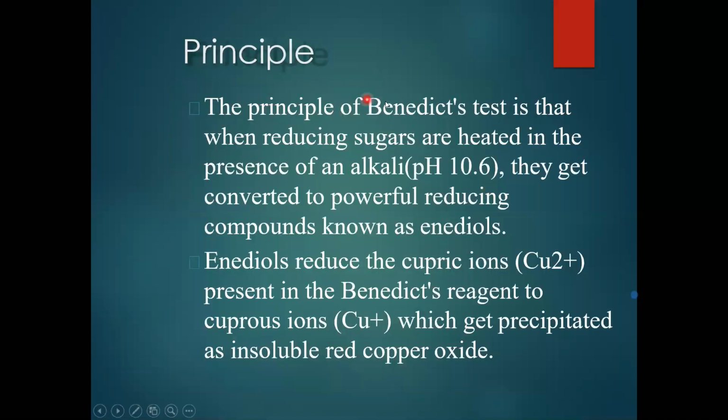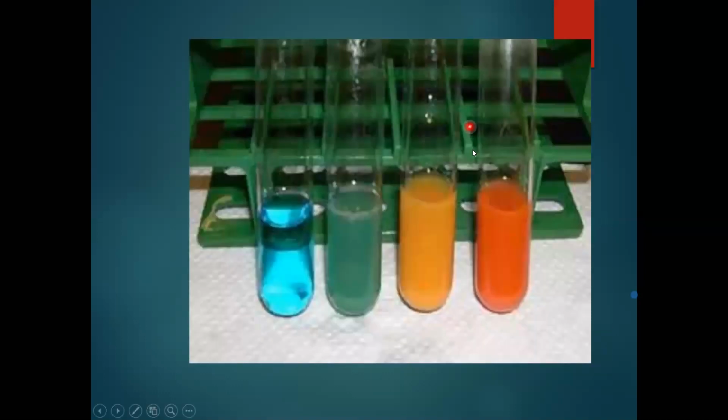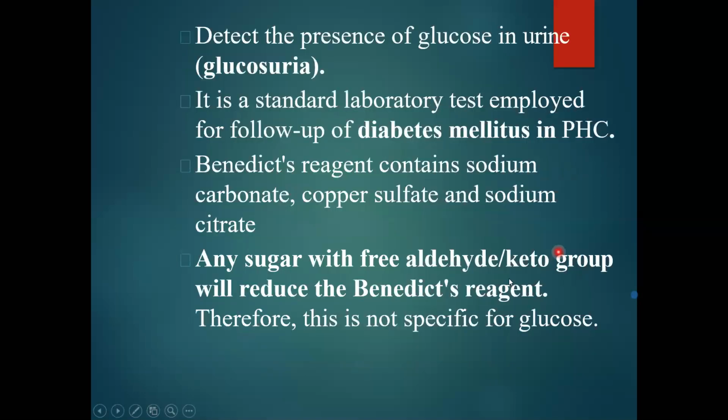The principle of Benedict's test is that when reducing sugars are heated in the presence of alkali at pH 10.6, they get converted to powerful reducing compounds known as enediols. Enediol reduces the cupric ion Cu2+ in the presence of Benedict's reagent to cuprous ion, which gets precipitated as insoluble red copper oxide. So this is what it looks like when we have the test done.